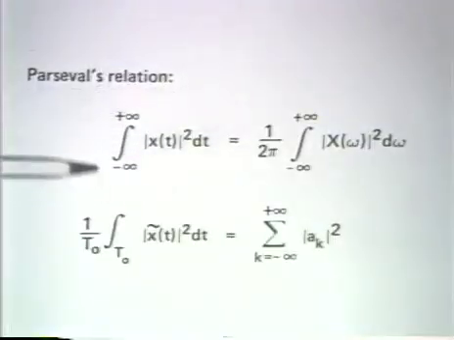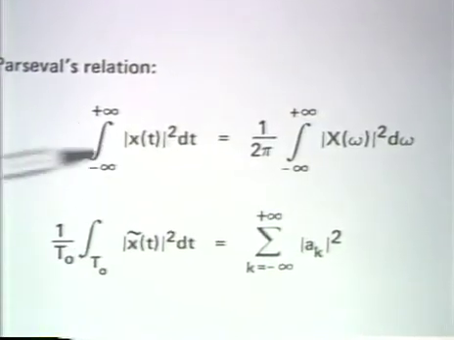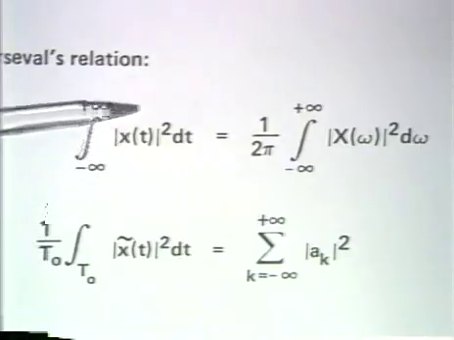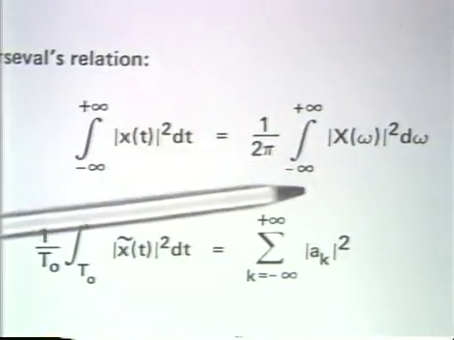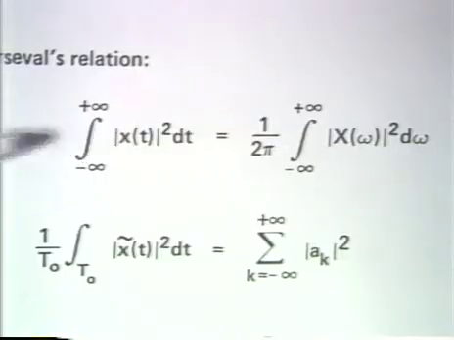What's meant by the energy is, of course, the integral of the magnitude squared of x of t. And the statement of Parseval's relation is that that integral, the energy in x of t, is proportional to this integral, which is the energy in X of omega.